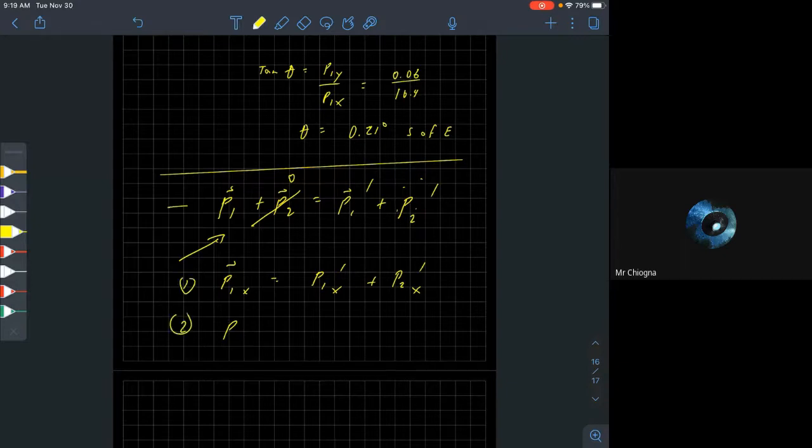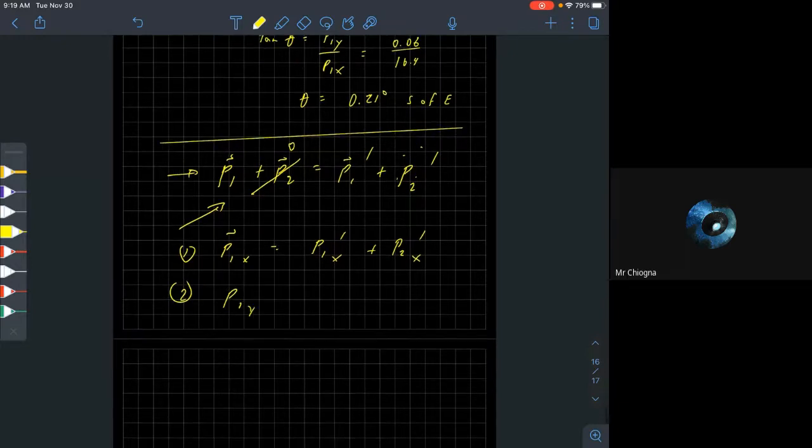So this is actually hiding two equations. Same as the one above, except everything's a y. That's all you're saying.